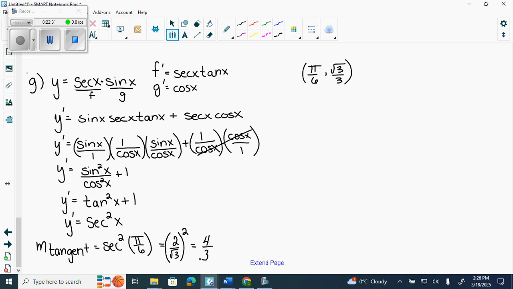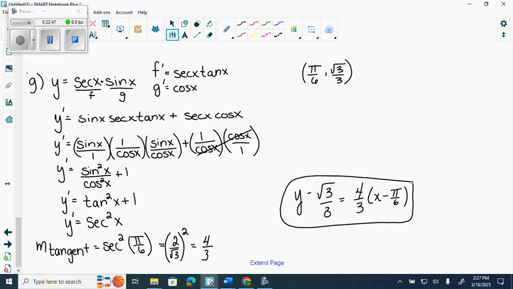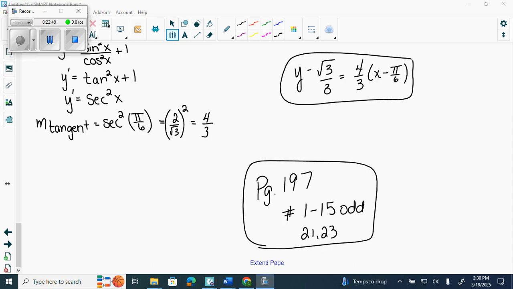Then we'll get y minus root 3 over 3 equals 4 over 3 times x minus pi over 6. 30-1 doesn't go away, guys. Okay, I'm going to give you this.